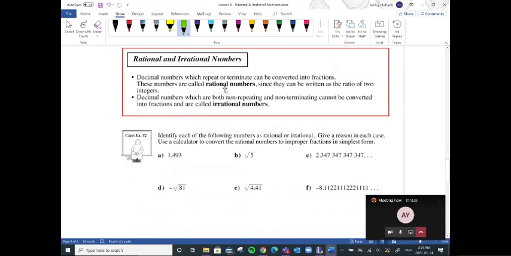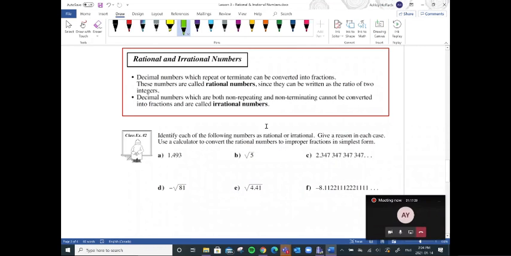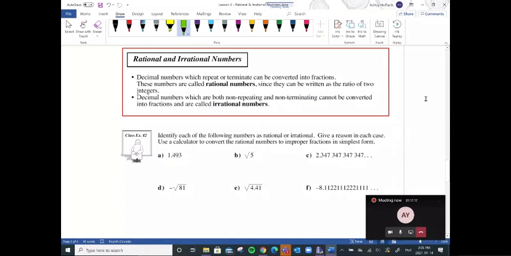Okay, so we're going to talk about rational, and irrational numbers, and then we'll do a bunch more examples down here. Decimal numbers which repeat or terminate can be converted into fractions.